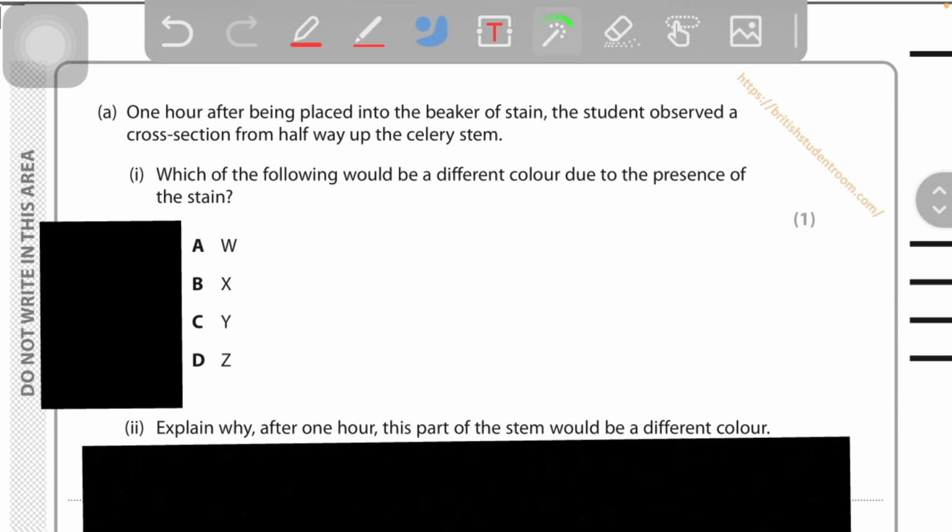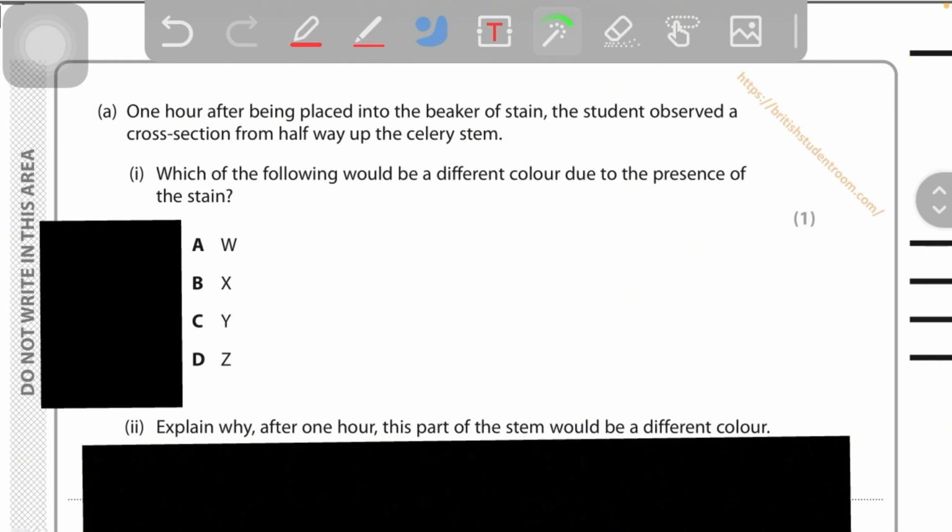One hour after being placed into the beaker of stain, the student observed a cross section from halfway up the celery stem. Which of the following would be a different color due to the presence of the stain? Okay, so which takes up mineral ions or water-soluble things through the stem?